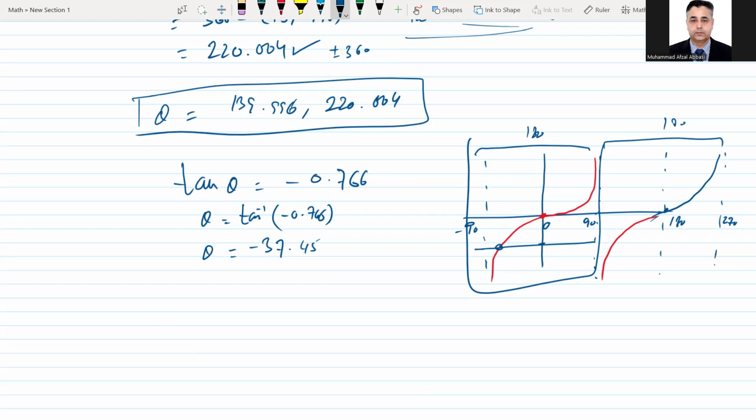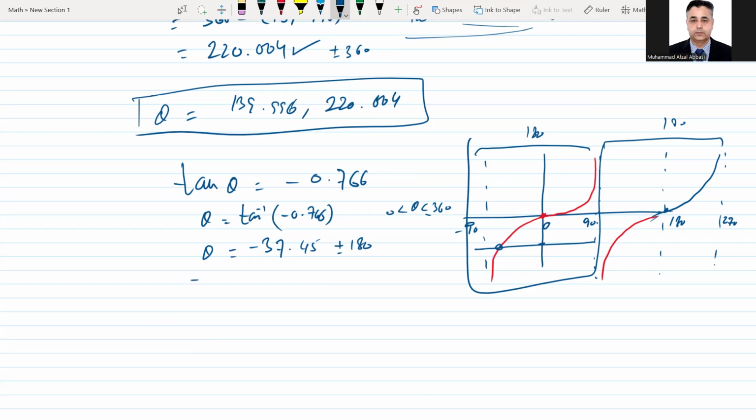Then, depending on the interval of the question, if the question asks us to solve this equation for theta between again 0 to 360, I have got one answer which is not in this interval, but I'll use it, and now I can add and subtract 180 degrees as many times as I need in this interval to get all the answers.